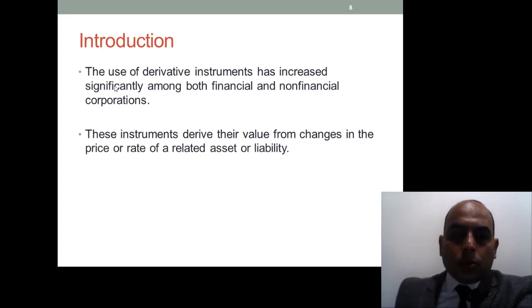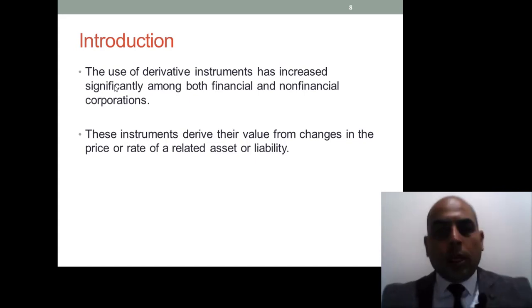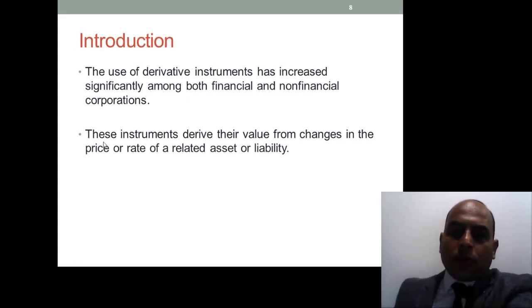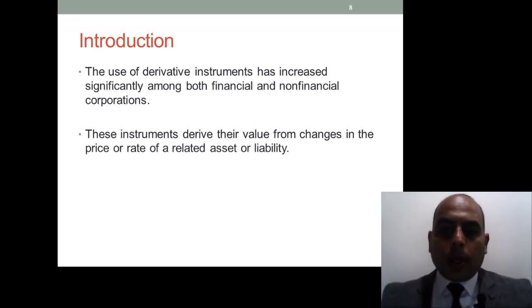Any factory can use financial instruments, and we will discuss later on why they need to use them. Also, these instruments derive their value from changes in the price or rate of related assets or liabilities.